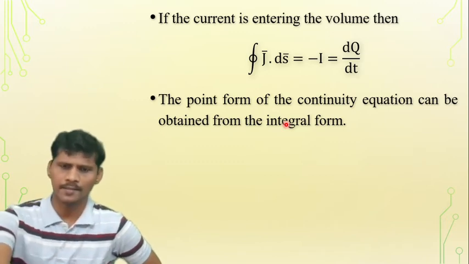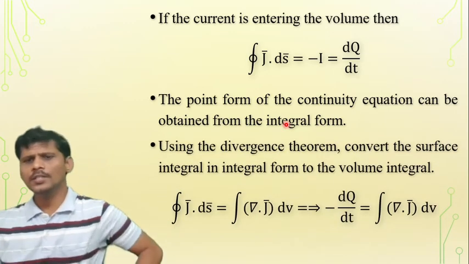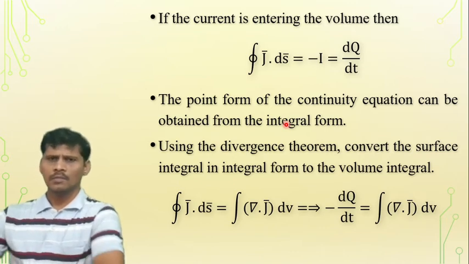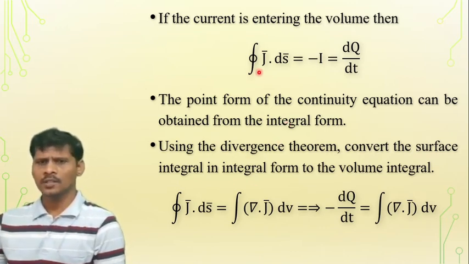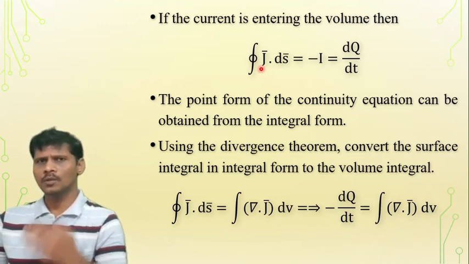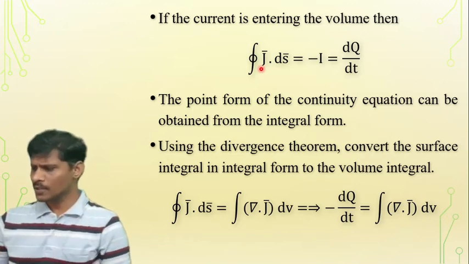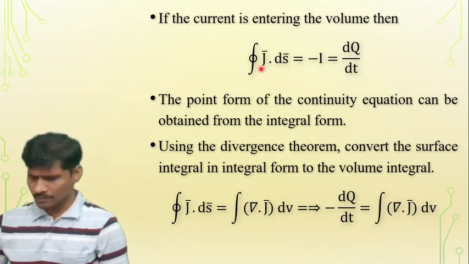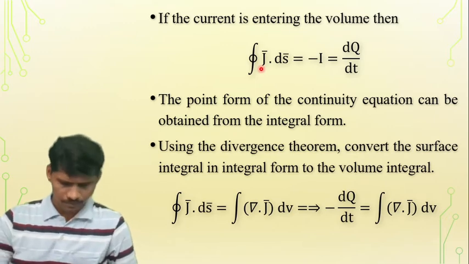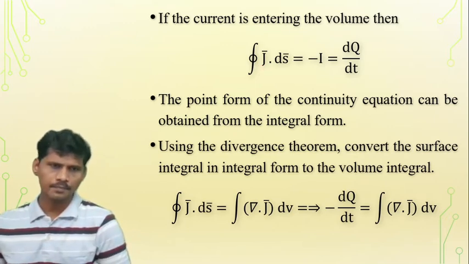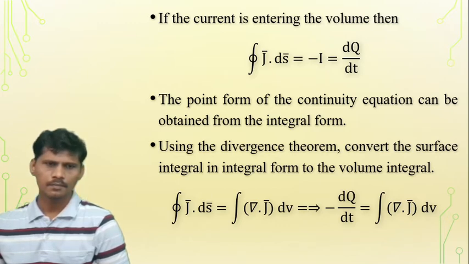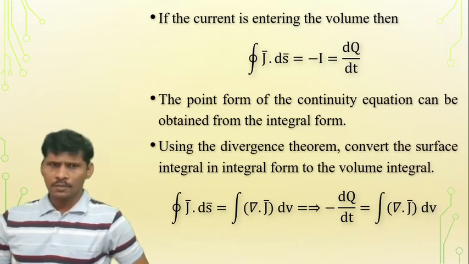So using the divergence theorem on the LHS of the above expression, what is the statement of the divergence theorem? The closed surface integral is equal to the open volume integral, that is the closed surface integral of A bar dot ds bar, where A bar is any vector.